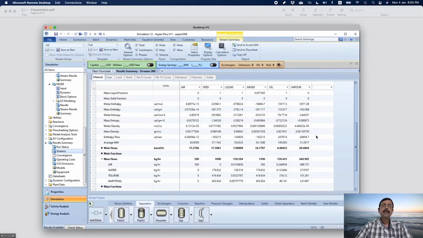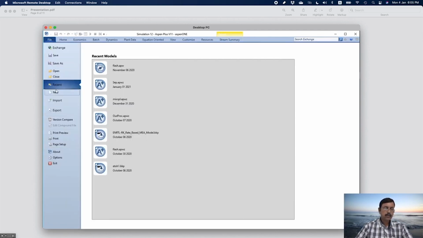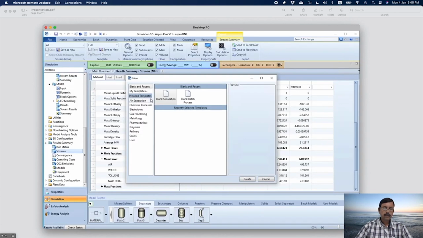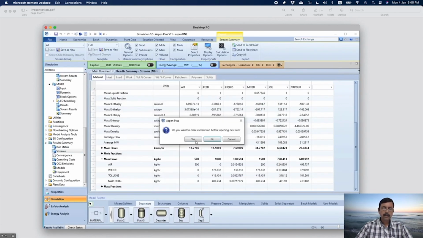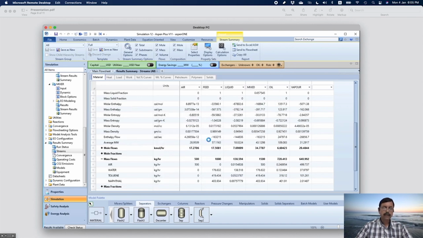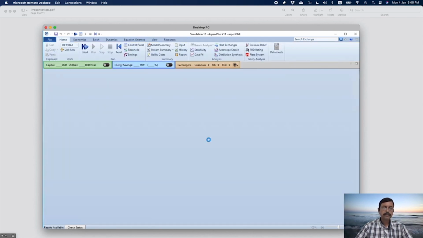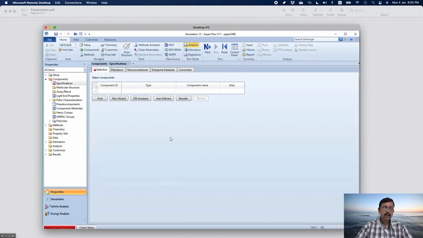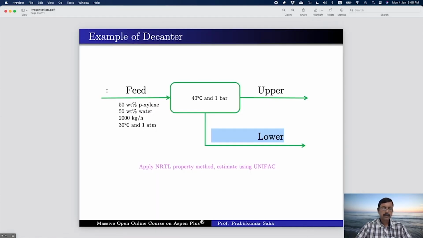Now let us go to the Aspen Plus window. So here, let us open a new blank simulation. Close the current one, don't save it. So we have two components, paraxylene and water.